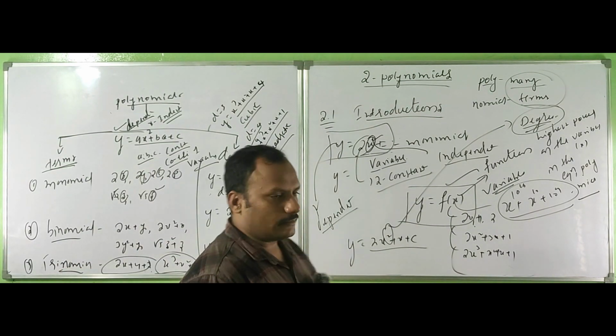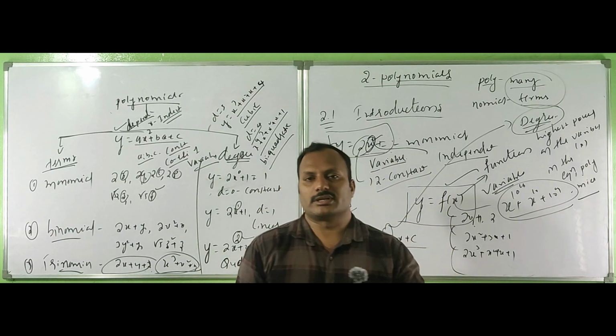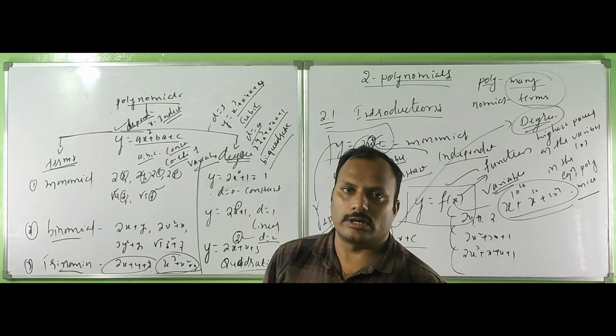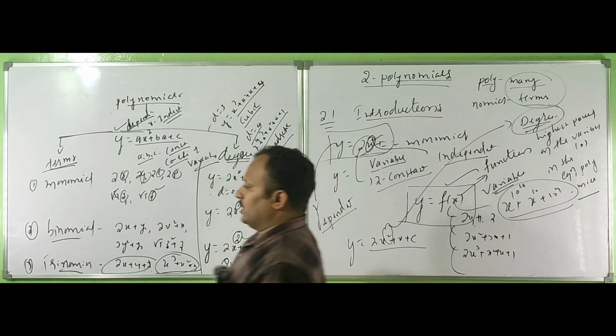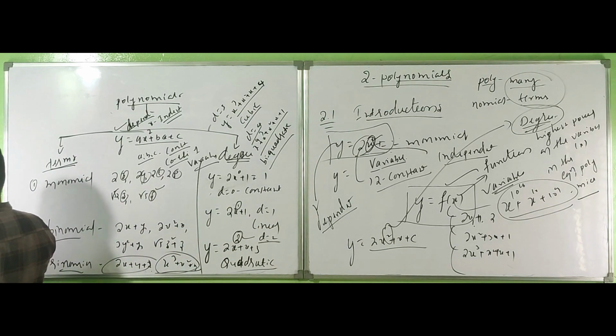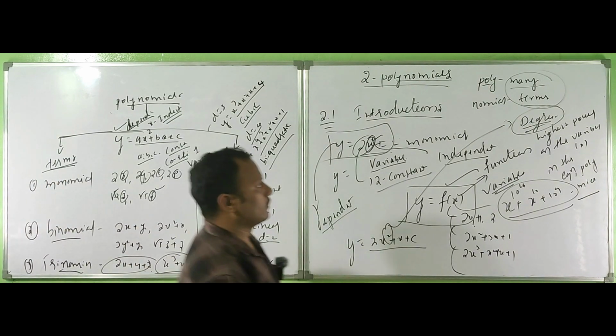Once again, based on the terms: monomial 1, binomial 2, trinomial 3. And based on degree: constant, linear, quadratic, cubic, and biquadratic. Okay, let's see the next concept here. Along with this, we study the zeros of a polynomial also.